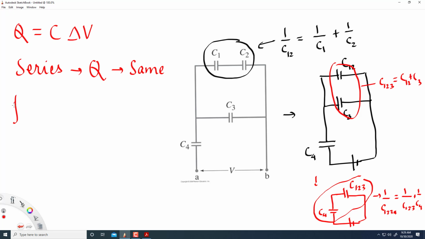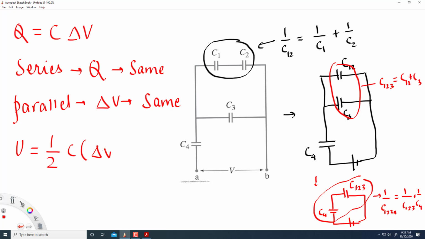If they are in parallel, delta V is the same. Okay. So that's all you need to do. And for energy, you use 1/2 C delta V squared, or 1/2 Q squared over C. Okay, you should be able to do this one after I showed you the other one.